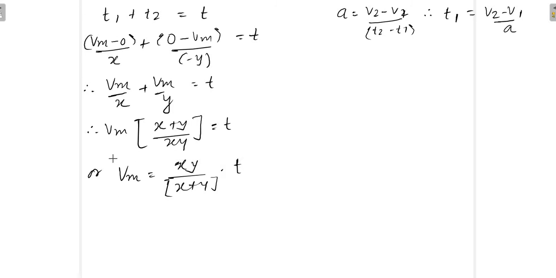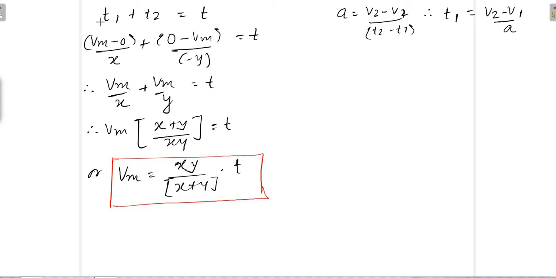So this is the answer. This is going to be the expression for maximum velocity in the given case. This is how we have to break down the given problem in parts if required. We have to understand what is given and what is unknown.